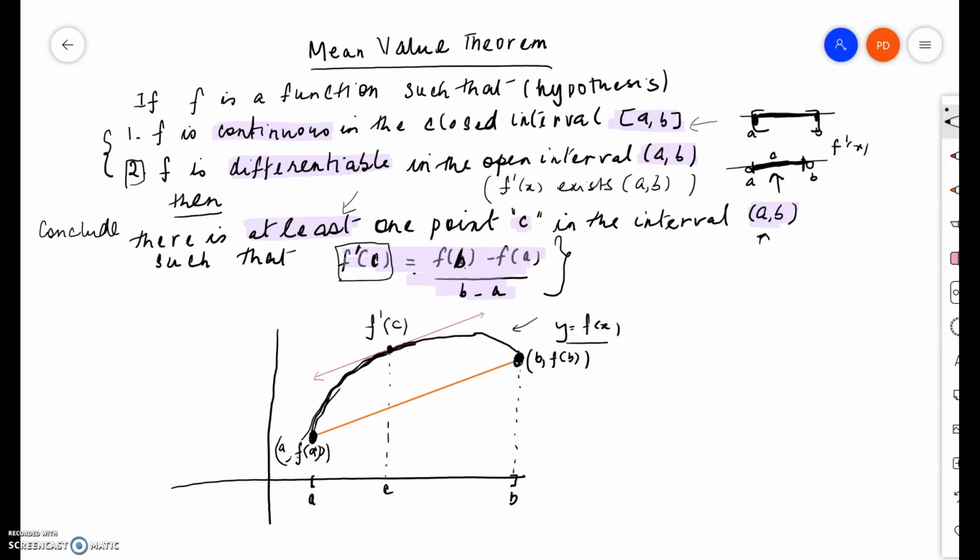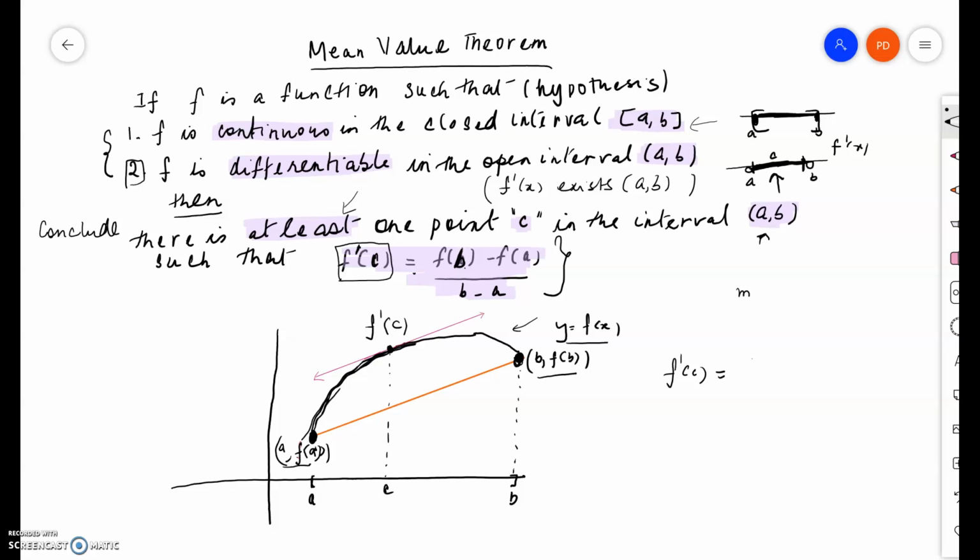So the slope of the tangent line is equal to the slope of the line joining (a, f of a) and (b, f of b), which are the two endpoints. So the slope of the tangent line at c, a point within the interval (a, b), and there is at least one such point, equals the slope of the line joining (a, f of a) and (b, f of b).